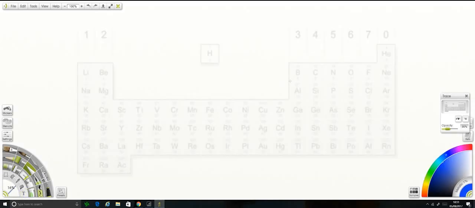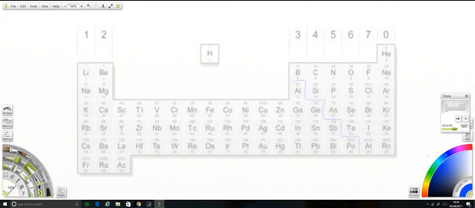Okay, so the first thing that you need to be aware of is how it's actually organized. There is a stepped line that you need to be aware of. It starts from aluminium, Al, and it goes all the way down to polonium, Po. Why do you need to know that? Because this is how the periodic table is actually organized. Everything on this side of the periodic table, all of this, are metals, every single one of this.